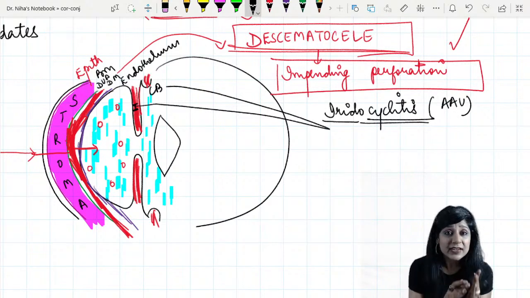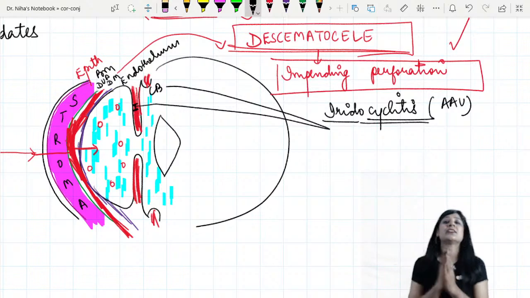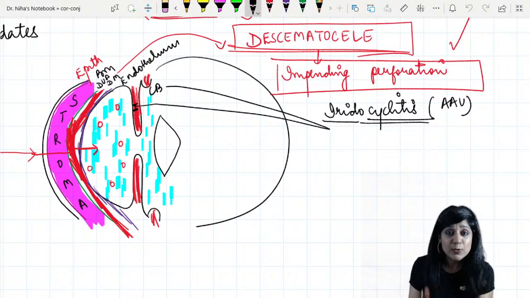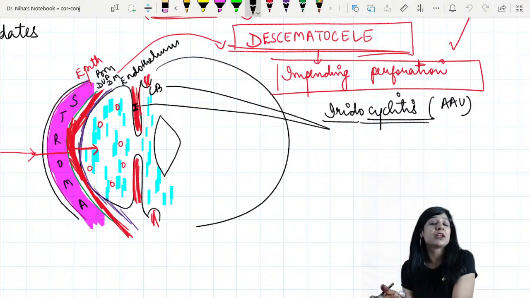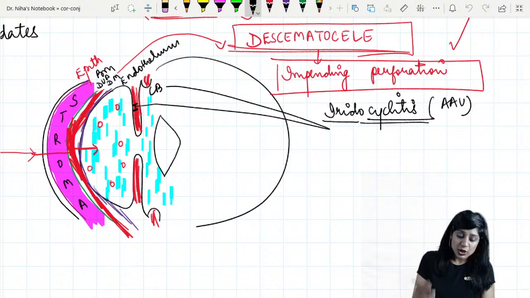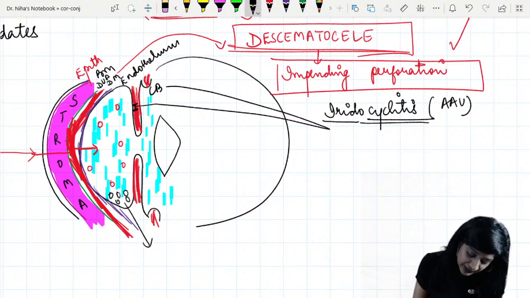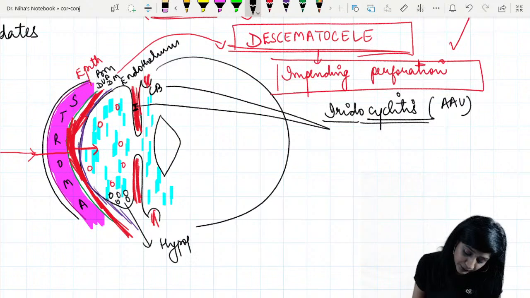So bacterial keratitis can lead to anterior uveitis. That is why I have photophobia also. I have hypopyon also. All those features of acute anterior uveitis I am having here. A lot of exudates settle at the bottom, and this forms the hypopyon.